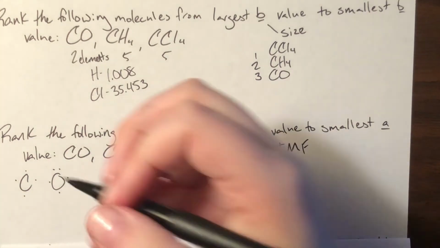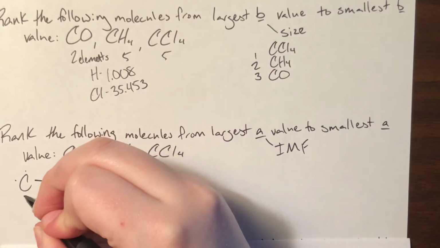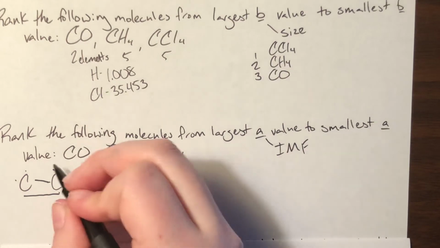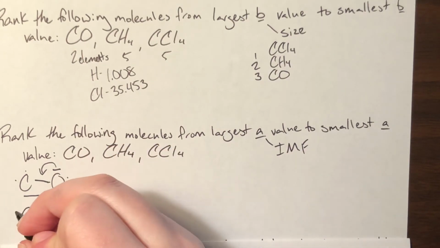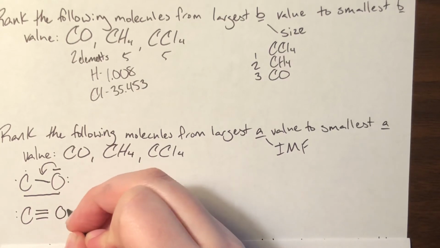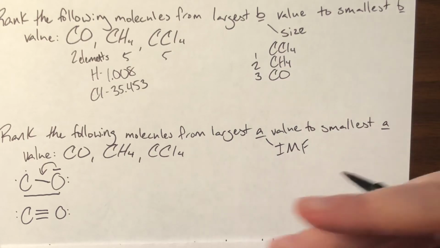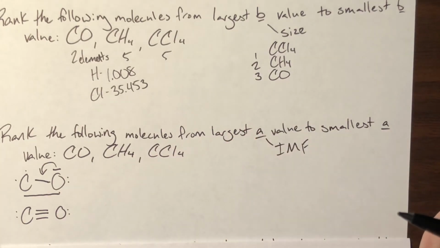Carbon monoxide is going to function rather strangely. It is a unique compound. Carbon is going to have a lone pair and a triple bond, and oxygen is going to have a lone pair. What happens here is that the octet rule is going to win out over either individual atom being particularly happy with the situation.